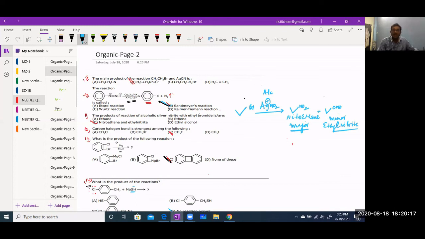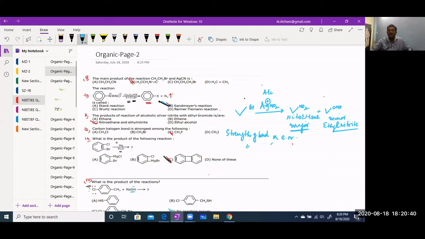And this: the carbon halogen bond is strongest among the following. So that is going to be strength of the bond. As far as strength of the bond is concerned, it's directly proportional to electronegativity.